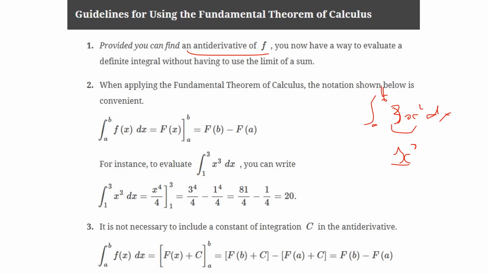We can just find the value of x cubed at point b, and then the value of x cubed again at point a, and then we can just do the difference between the two, and we'll end up finding the definite integral.